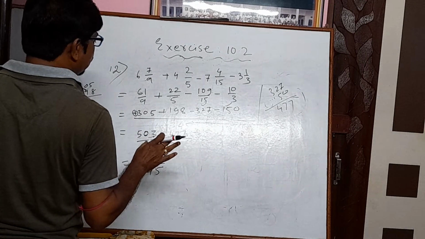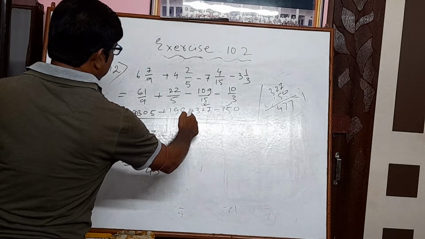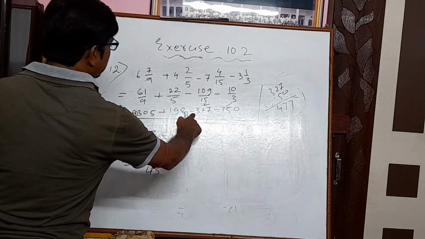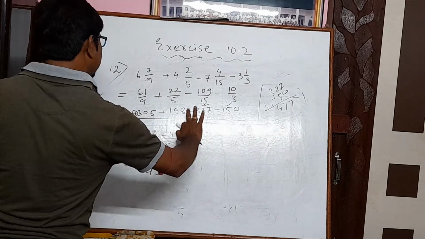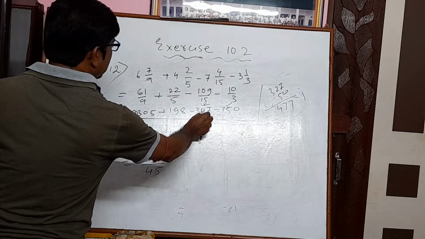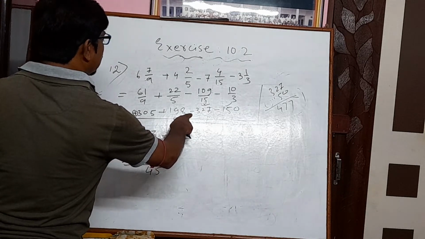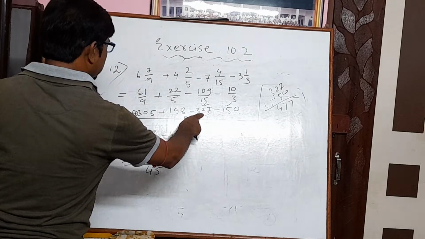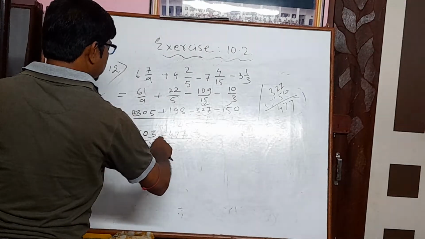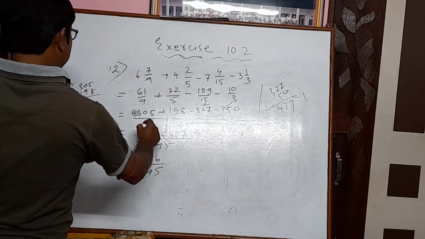For your convenience, I told you that the sign will be written according to the bigger number, for both addition and subtraction. You have to follow the rule and give the sign according to the bigger number. So 327 is bigger, so I have written minus. Now we have subtracted.